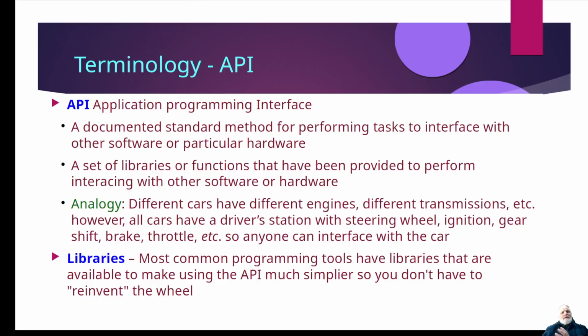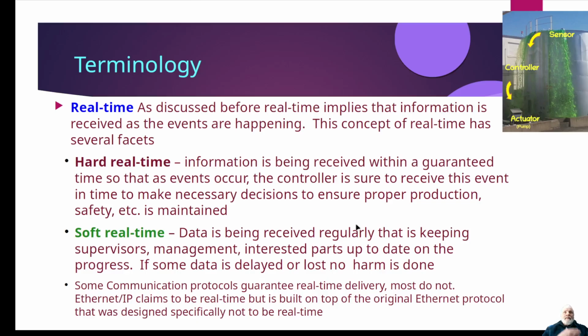So typically most of our programming tools will have a library that has already been written for those APIs. So all we have to do is figure out how to work that library, that set of function calls, and pass the data as needed to set up the communications.